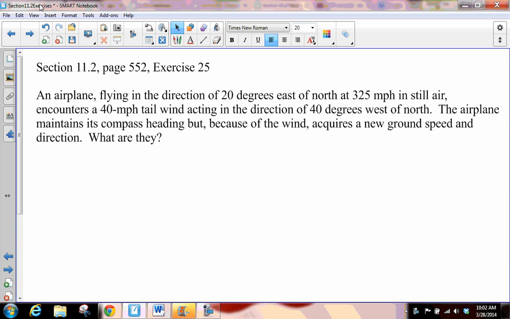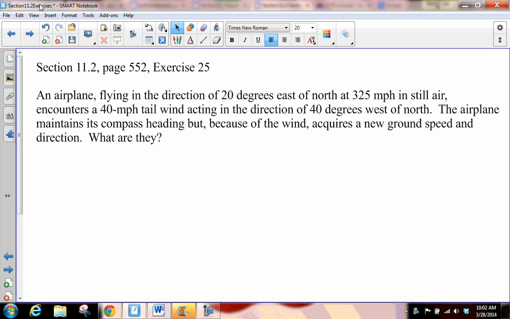Let's do section 11.2, page 552, exercise 25, which reads: an airplane flying in the direction of 20 degrees east of north at 325 miles per hour in still air encounters a 40 mile per hour tailwind acting in the direction of 40 degrees west of north. The airplane maintains its compass heading, but, because of the wind, acquires a new ground speed and direction.